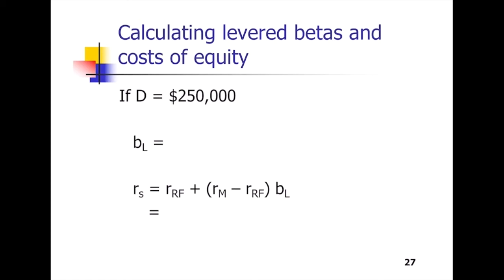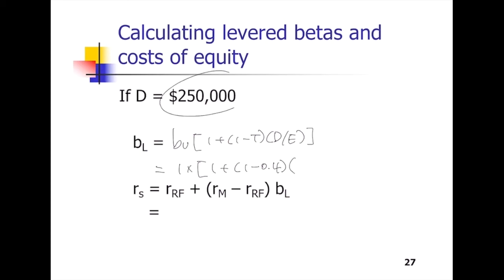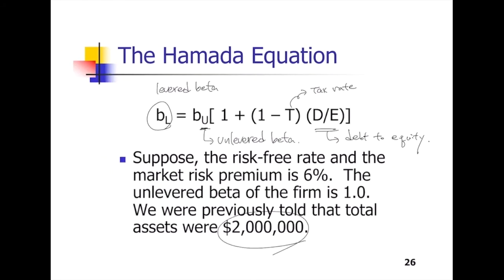So from the Hamada equation, the BU unlevered beta times 1 plus 1 minus T, debt to equity ratio, right? So input the numbers. Unlevered beta is only 1. Tax rate is 40%. And debt amount is here, right? How about equity? Yeah, total asset is this amount.